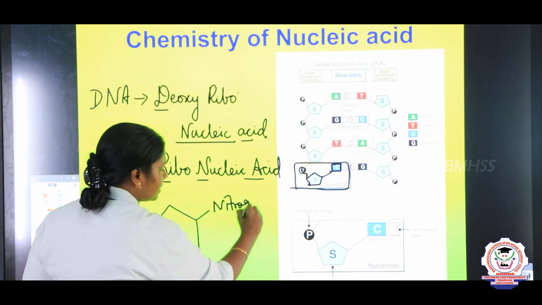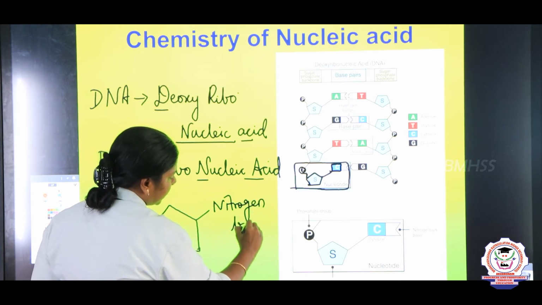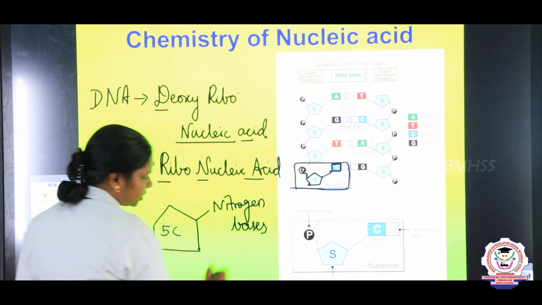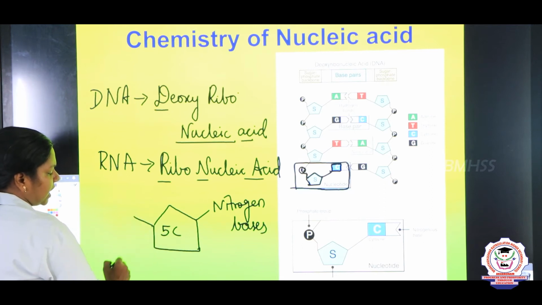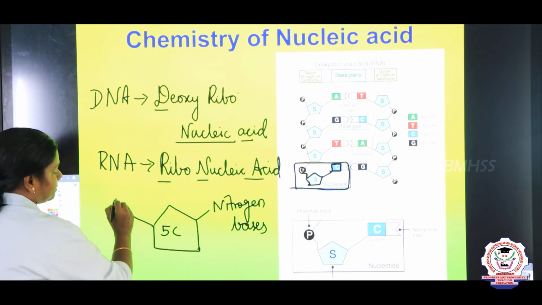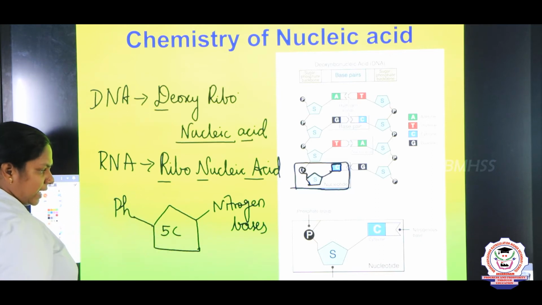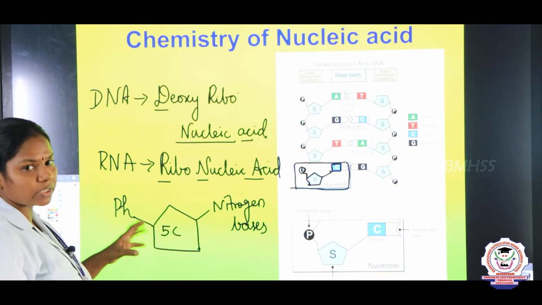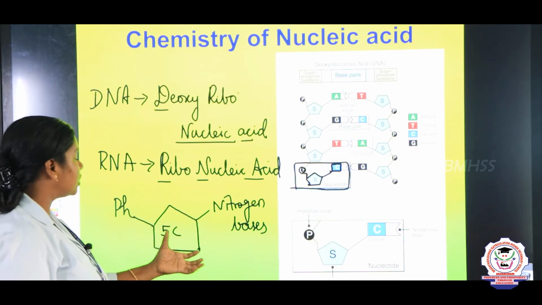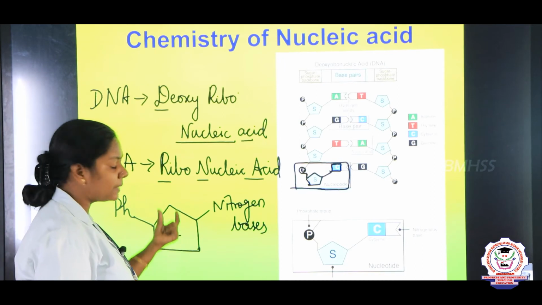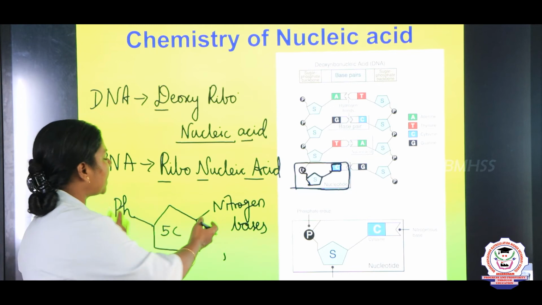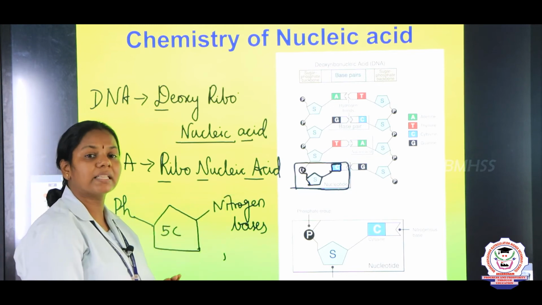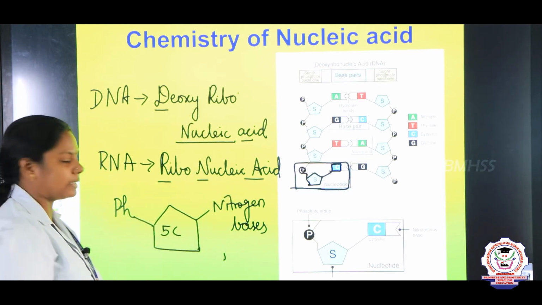Nitrogenous bases we shall discuss later. It may be adenine, guanine, thymine or cytosine. It is linked to the nitrogen base, and at the 5th position it is attached to the phosphate. So this makes a nucleotide. So the nucleotide consists of pentose sugar, nitrogen base and phosphate. The repeated units of nucleotides make the nucleic acid.